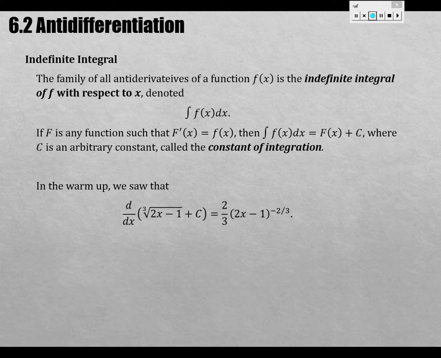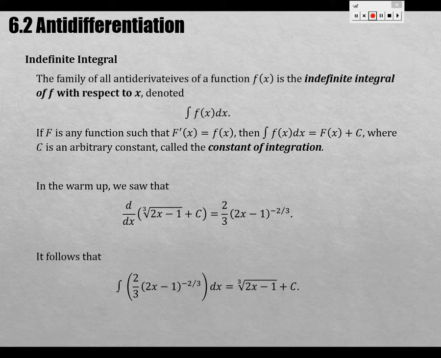So we call this function big F. We say big F is any function that we call an antiderivative. This function, the cube root of 2x minus 1 plus c, for any c, would be an antiderivative. There are many different antiderivatives for one function, but all of them differ by only a constant.